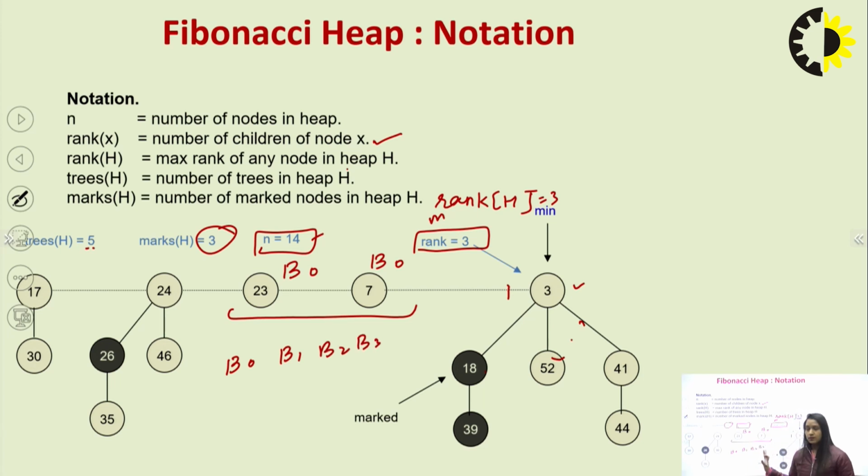We organize the binomial heap in this way: first we write this order tree, then this order tree, then this order tree, and connect all these trees. We normally use this approach in binomial heap, but we do not follow this approach in Fibonacci heap.